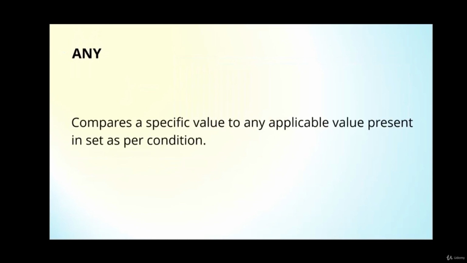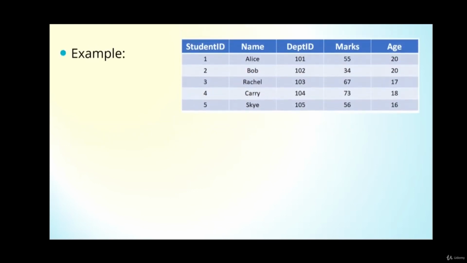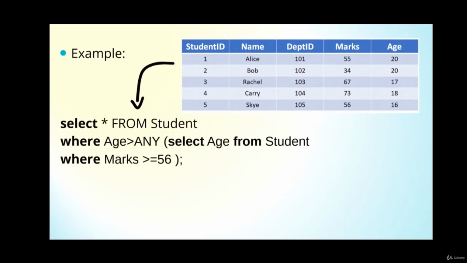Next is the ANY operator. What the ANY operator does is compare a specific value to any applicable value present in the set as per the condition. For example, from this table, if you want to find the details of those students whose age is greater than the age of any student whose marks are above 56, first we'll have to find the age of those students who have marks greater than or equal to 56.